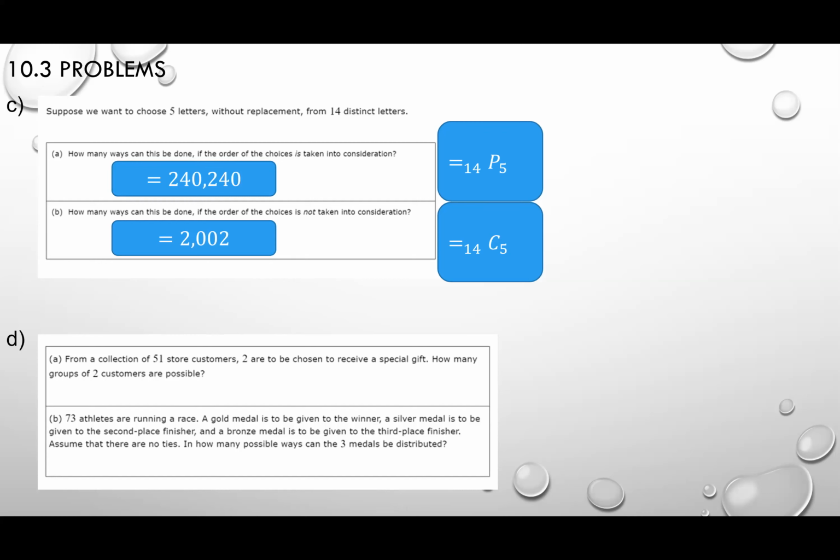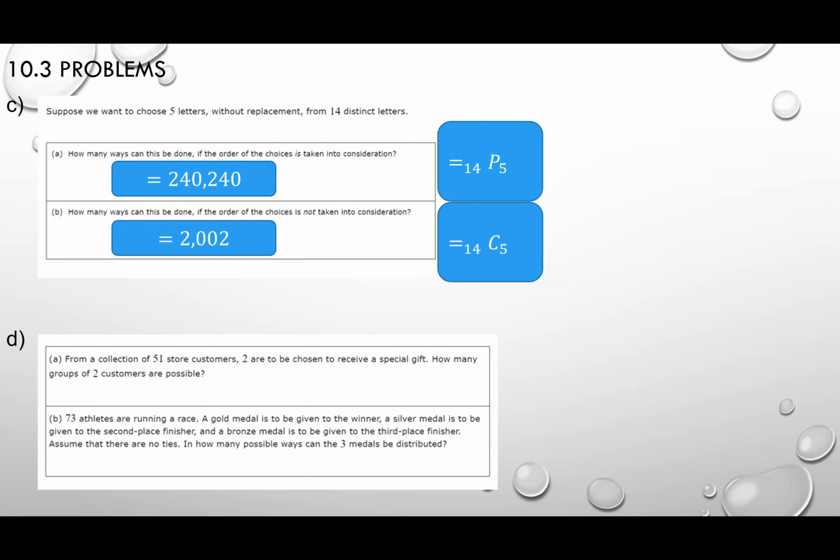So if we take a look at A and B, your goal, your objective is to decipher this problem and ask yourself, is it permutation or combination that I need to do? So in this case, for A, from a collection of 51 customers, 2 of them are chosen to receive a special gift.